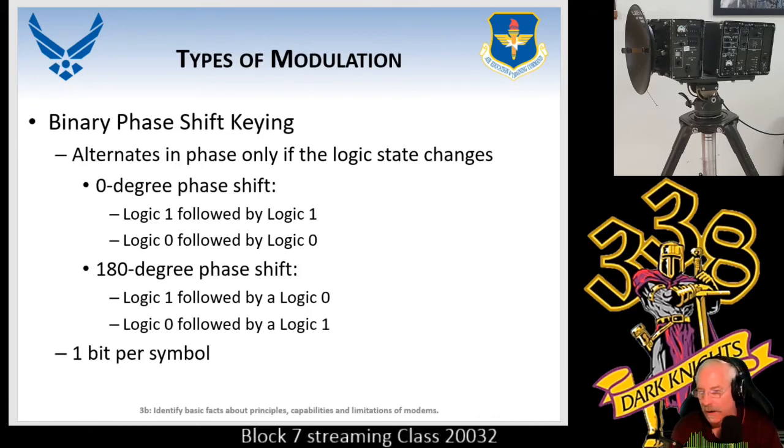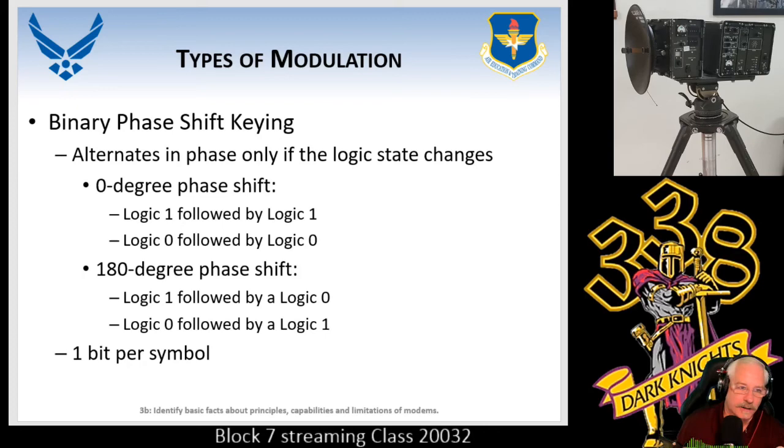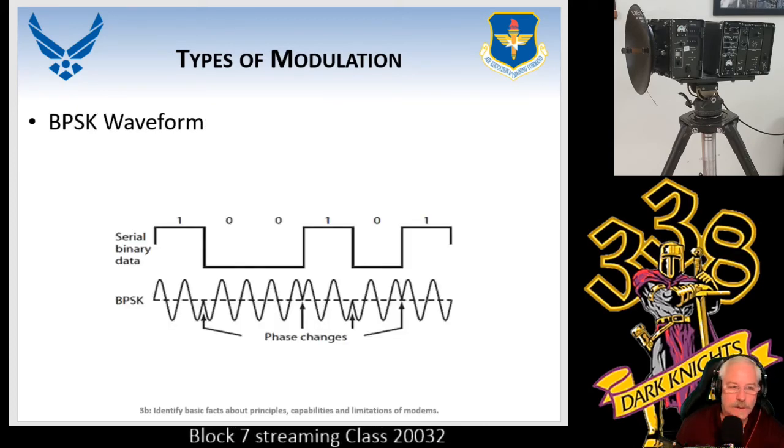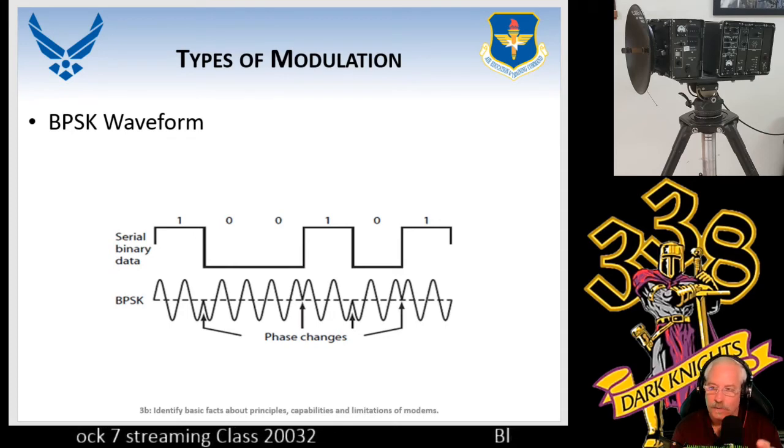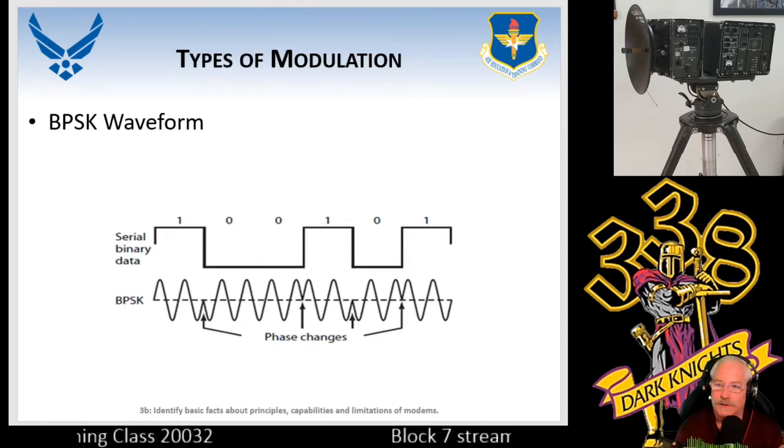We're going to show you what it means by a 180-degree phase shift. When you look at the waveform, this is binary phase shift keying. Anytime that we change the logics, that's where the phase shift occurs. Everybody see that on this particular waveform?